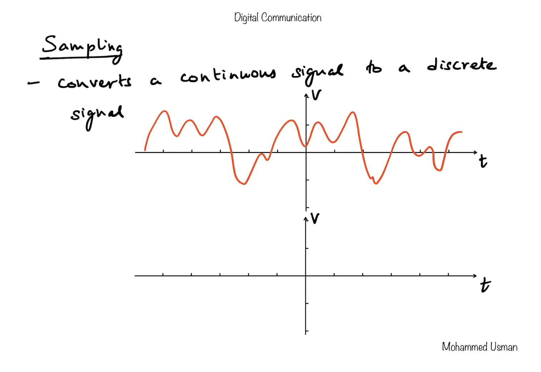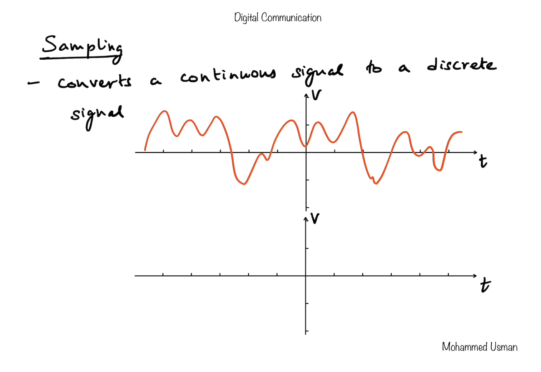The process of sampling takes samples of the continuous signal at regular instances of time called the sampling instances. For example, if we denote these markings on the x-axis, on the time axis, as the sampling instances, so that's one sampling instant, that's the next sampling instant, and the third sampling instant, and so on.